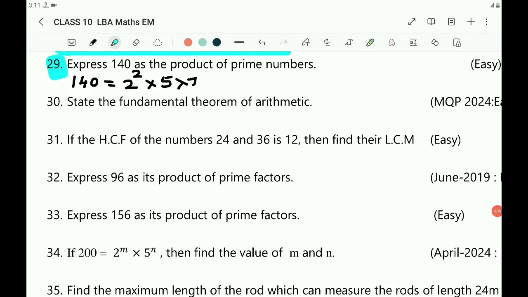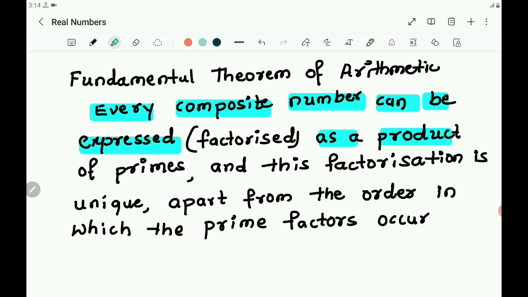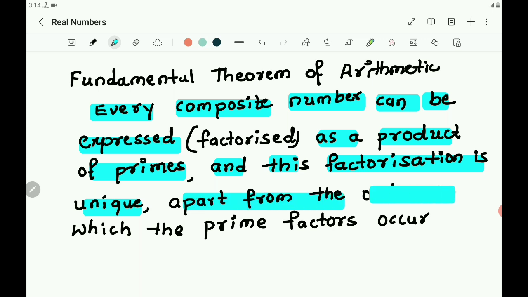Next question, question number 30. State the fundamental theorem of arithmetic. What is the statement? Every composite number can be expressed or factorized as a product of primes, and this factorization is unique apart from the order in which the prime factors occur.